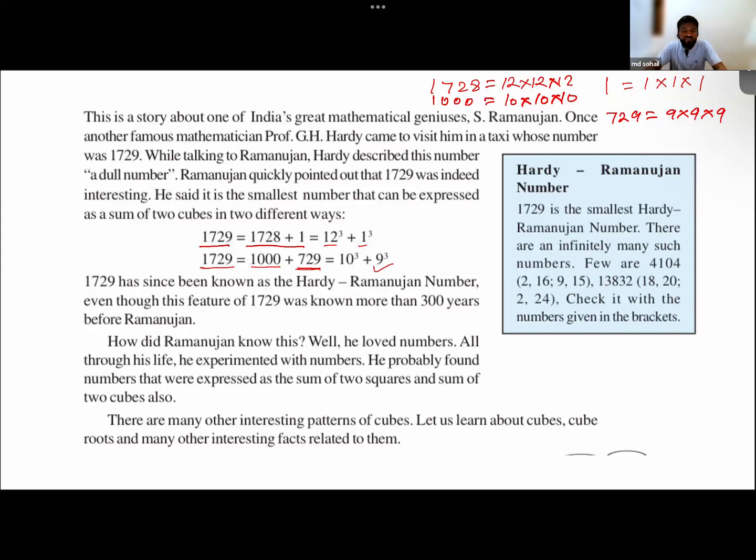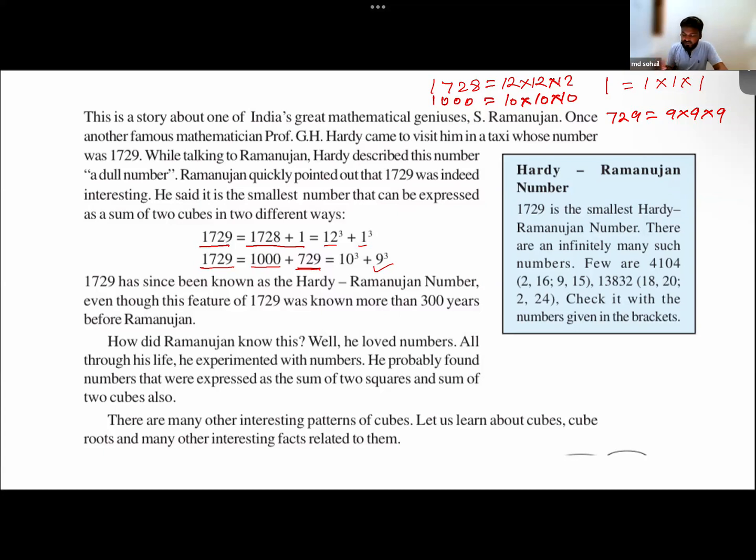Later this number came to be known as the Hardy-Ramanujan number, right guys? Two important things about 1729: it is interesting because it is the smallest number that can be expressed as the sum of two cubes in two different ways, and since then it has been known as the Hardy-Ramanujan number.